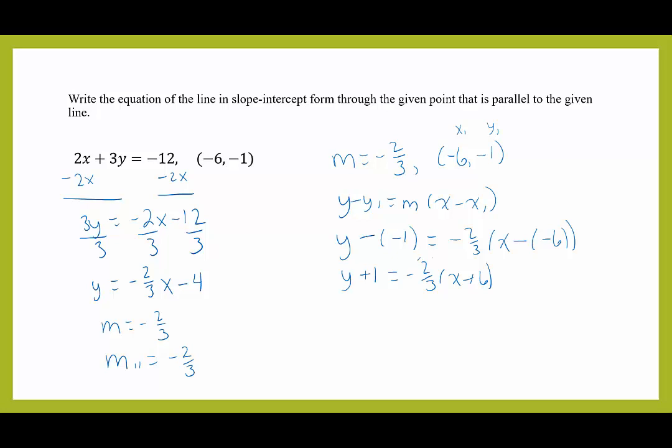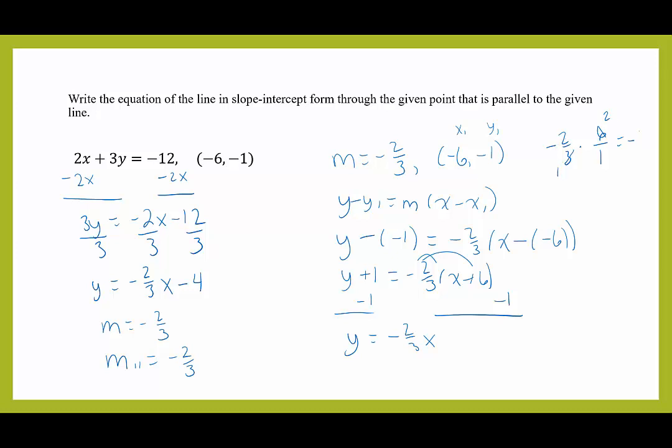I want to distribute the negative 2/3, and I want to subtract 1 from both sides to get y by itself. This would give me y equals negative 2/3 x, and then over here we have negative 2/3 times 6, which we're going to write as 6/1. Negative times positive is negative, and I can simplify before I multiply, so I want to do that.